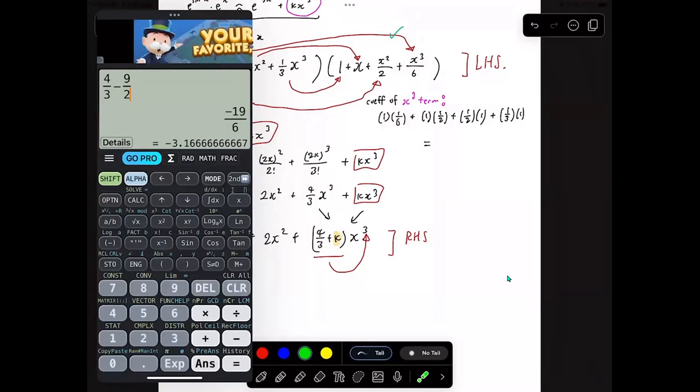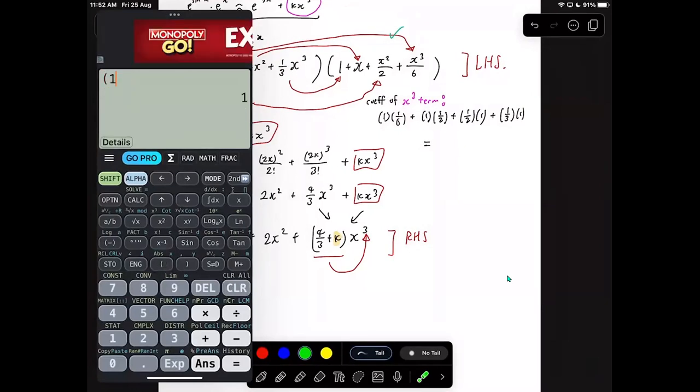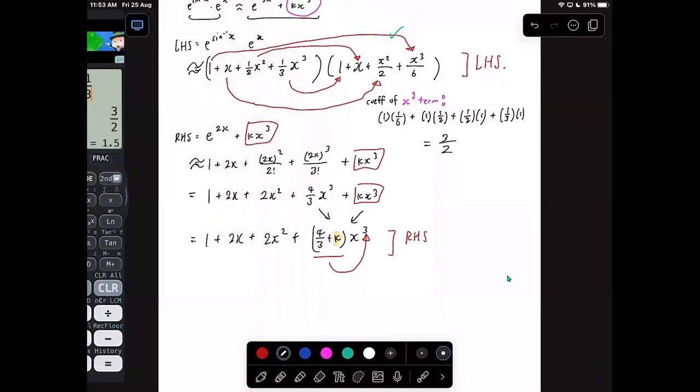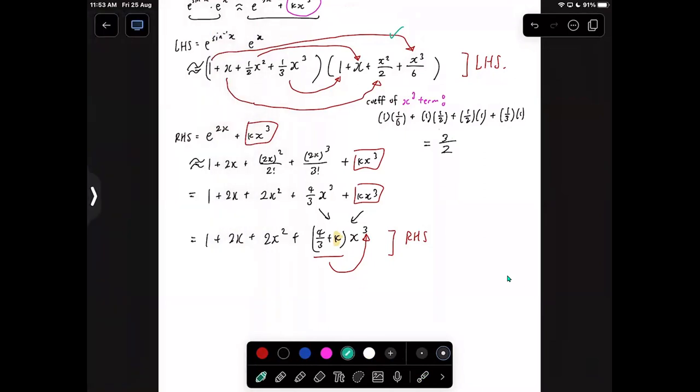Move to the left, then multiply 1 times 1/6 plus 1 times 1/2 plus half times 1 plus 1/3 times 1. Okay, don't need times 1. So you get 3/2. Right? 3/2. Good. Okay. Coefficient of x cubed got already. So we have it over here and over there. Yeah. Okay, I'm sorry, I didn't take it out.